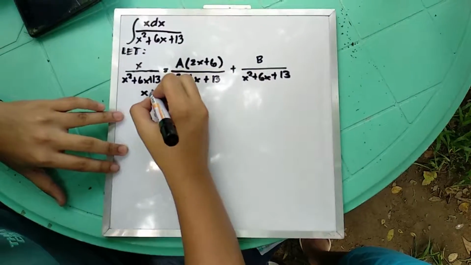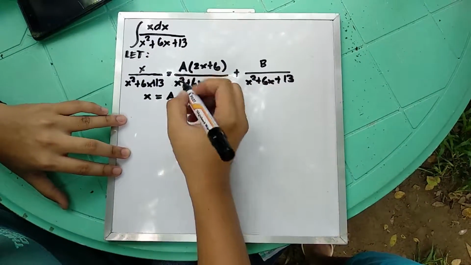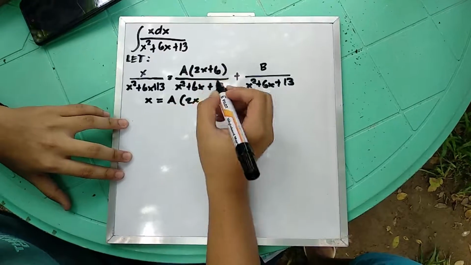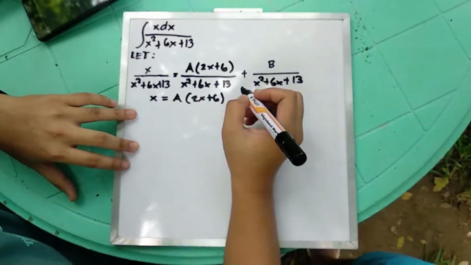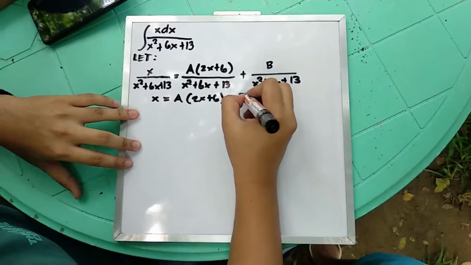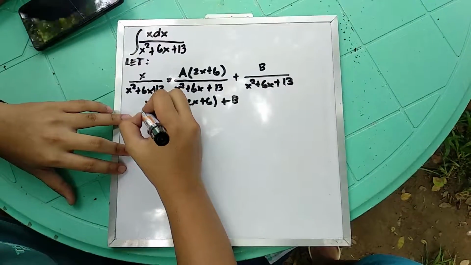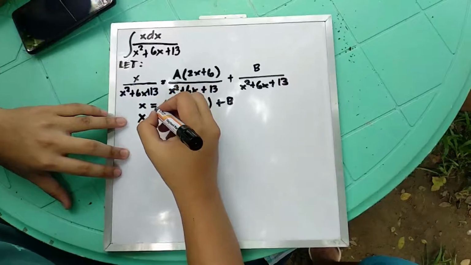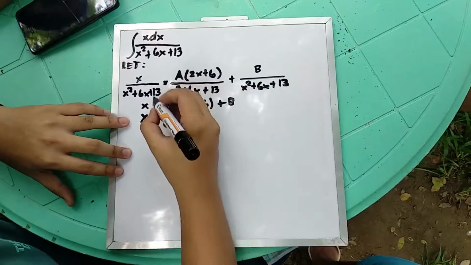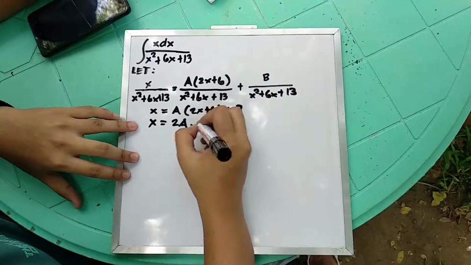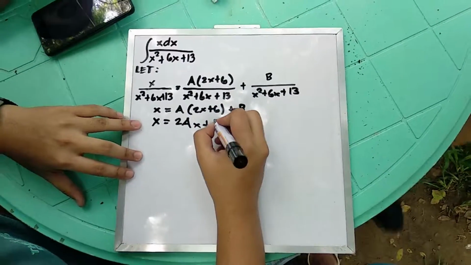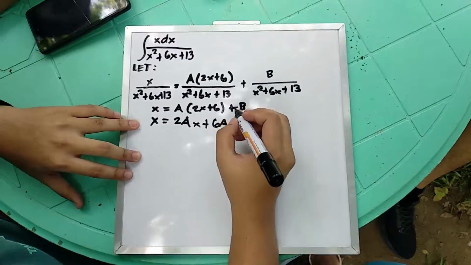So x is equal to A times (2x plus 6) plus B. This can further be solved into x equals 2Ax plus 6A plus B.